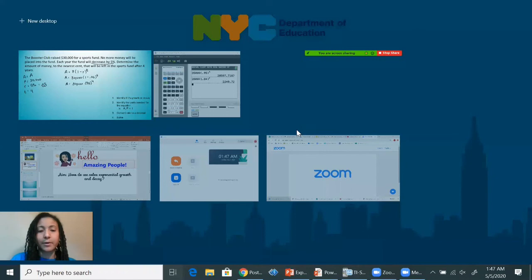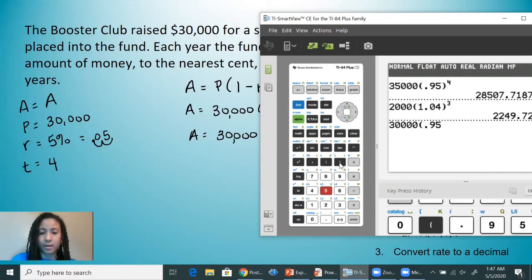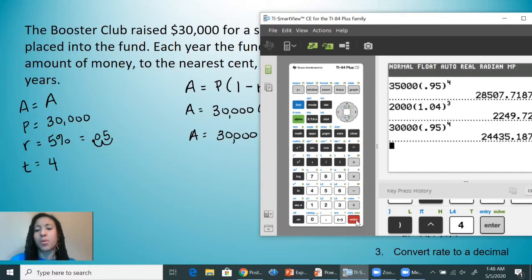Go to our calculator: 30,000 times 0.95 to the fourth. And we get 24,435.187.